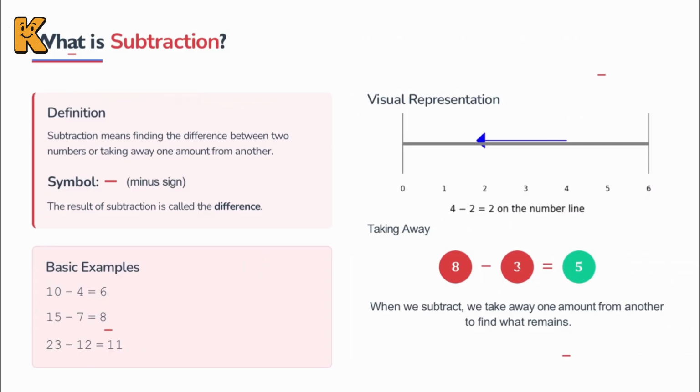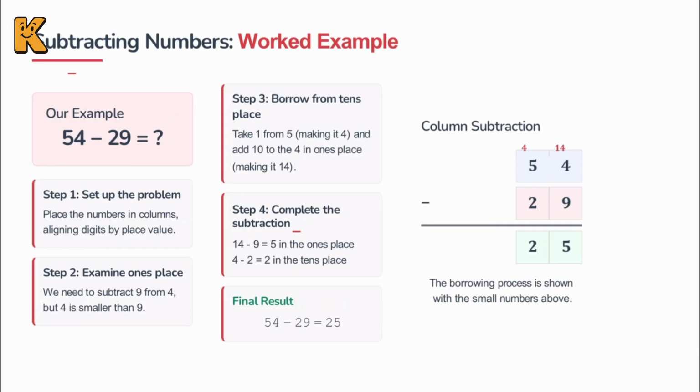Like the addition, we also have the column method. It means that each number should be beneath another number based on the place value units. After that, if you remember, in the addition we had the carrying method. At this point we have the borrowing method. It means that sometimes, for example 54 subtracted by 29, I cannot do the subtraction in an easy way.